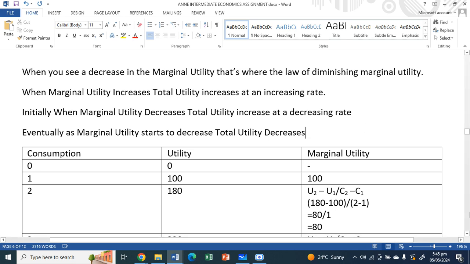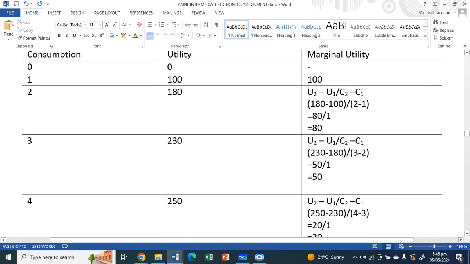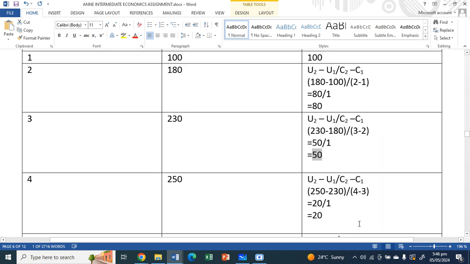So as we can see here, at first we had an increase from 100 to 180, increase of 80. 180 to 230, increase of 50. 230 to 250, increase of 20. So as you can see, as marginal utility is decreasing, total utility is increasing at a decreasing rate. Okay.